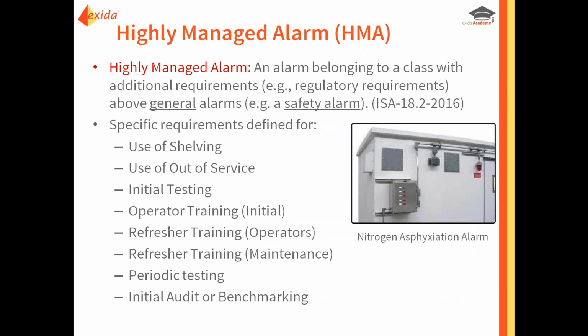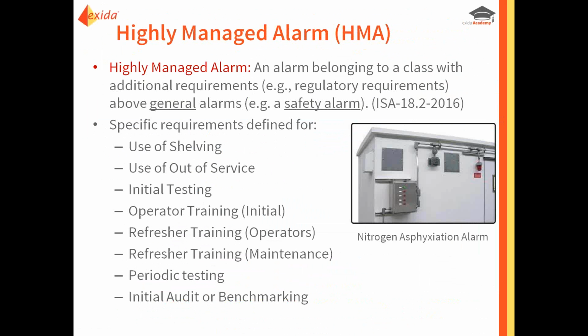There is a special class talked about in the ISA standard called highly managed alarms, or HMAs. This is an alarm belonging to a class with additional requirements, like regulatory requirements, that are essentially above and beyond what a general process alarm would have. And again, you see there's the general alarm class called out as an example, or specifically.